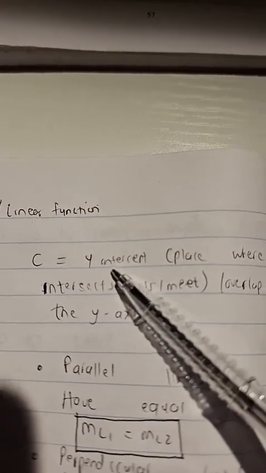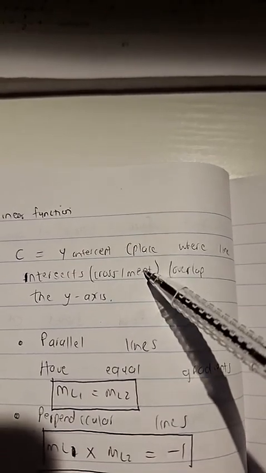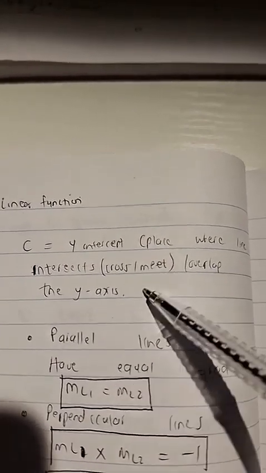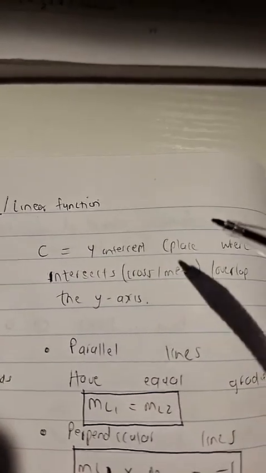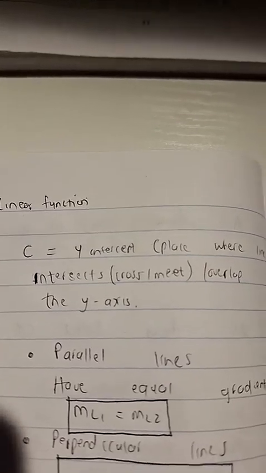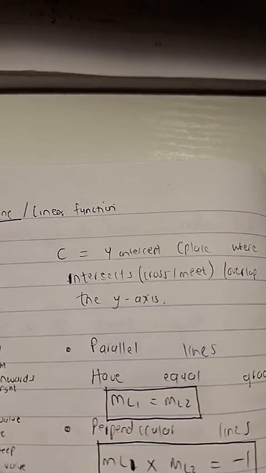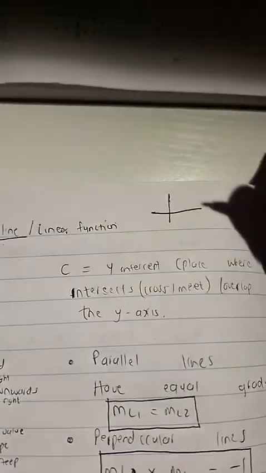Now, what is the y-intercept? The y-intercept is simply the place where our straight line function intersects, or in other words, crosses, meets, overlaps the y-axis. When I talk about the Cartesian plane, I'm talking about a system of y and x-axis.